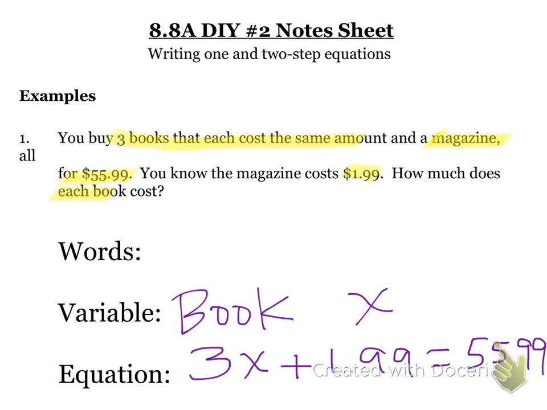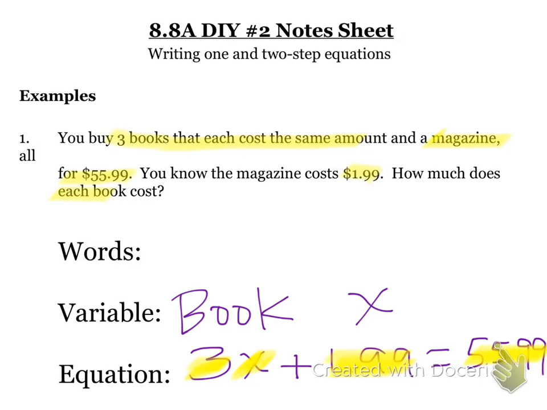So if I'm writing the equation, this would be 3. Here are my 3 books that each cost, we don't know, that's the unknown. We're looking for the unknown here, my variable. And we know that the magazine cost $1.99, and my total is $55.99.